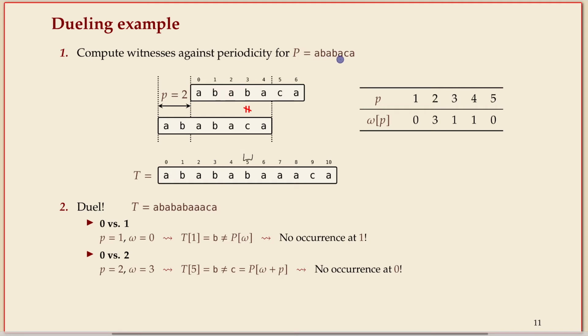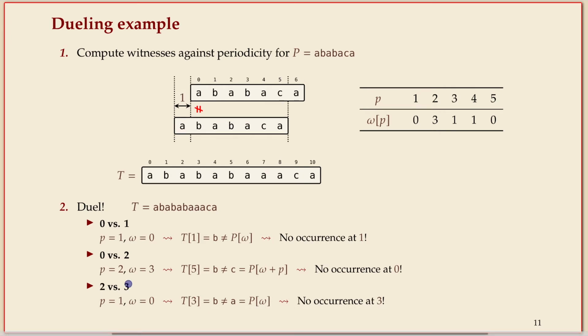That's why I didn't overlap. So we take these two. We pick the character in the pattern here, which is the C, and it's not a B, so we can exclude the 0 this time, right? The character that's matched by this guess to that position in the text corresponds to a mismatch, so we can exclude the occurrence at 0. No occurrence at 0, potentially 1 at 2 still.